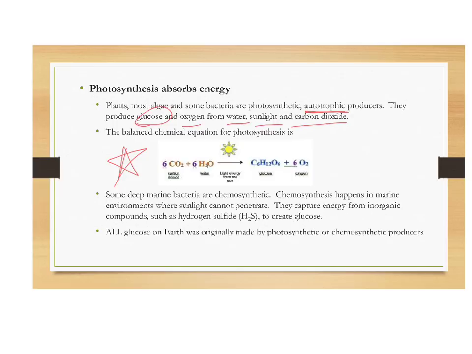So let's take a look at this chemical equation. You all have had chemistry, so you should be familiar with how chemical equations work. They read from left to right. So we have 6 molecules of carbon dioxide and 6 molecules of water. When those are combined with the light energy from the sun, it yields 1 molecule of glucose and 6 molecules of oxygen.